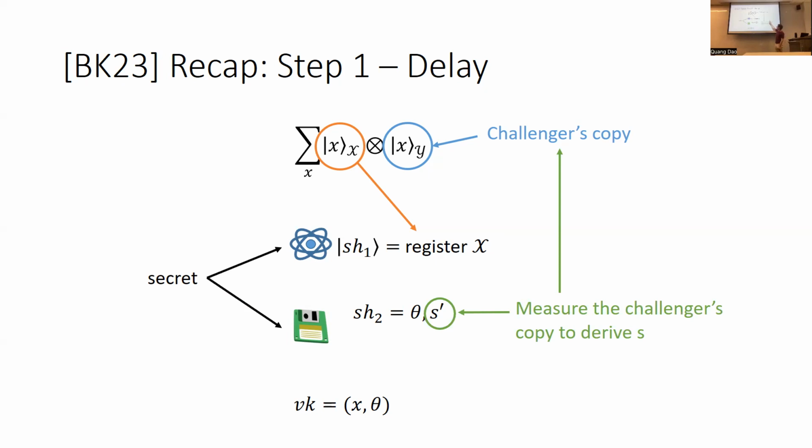That means that we don't actually have to measure X when we create the adversary's copy. Instead, we can create their copy, and then we can measure the challenger's copy. We get X, and then we derive S using S prime.